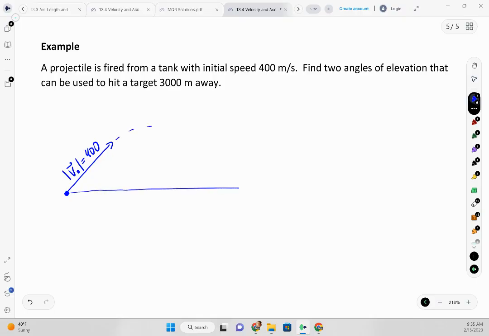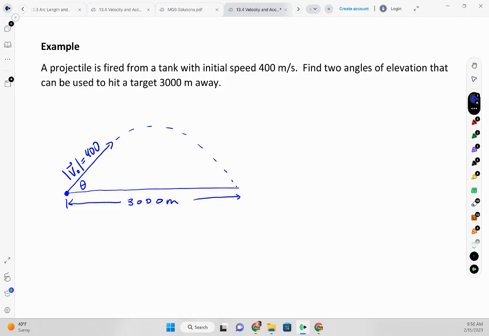This is going to be shot off, and then we want it to land 3,000 meters away. We need two different angles of elevation that can be used to hit this target. Our angle of elevation is the angle created between the ground and the projectile when it's shot off. And so here's our picture of what's going on.